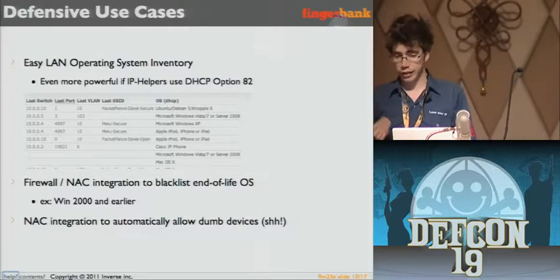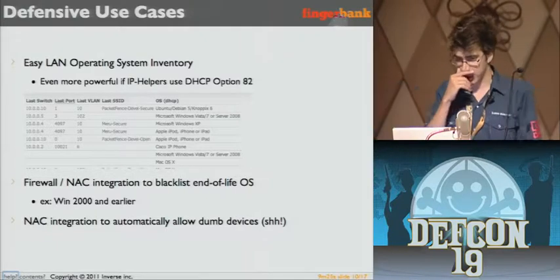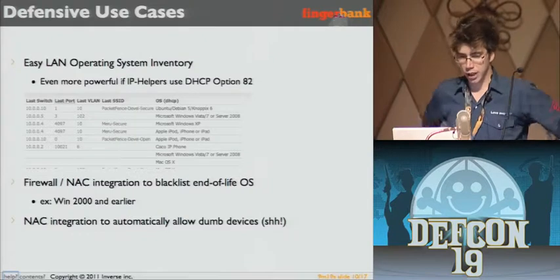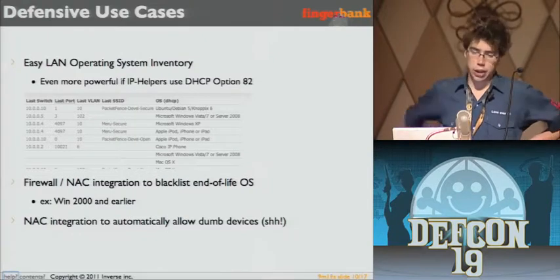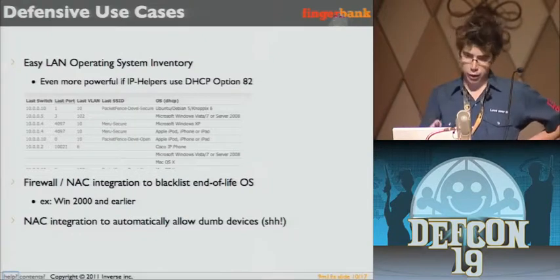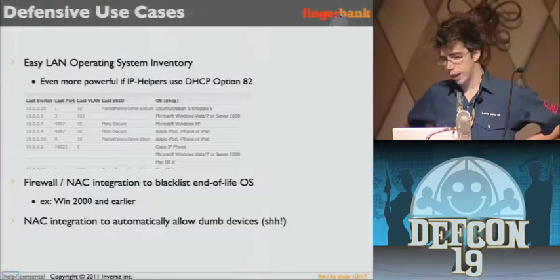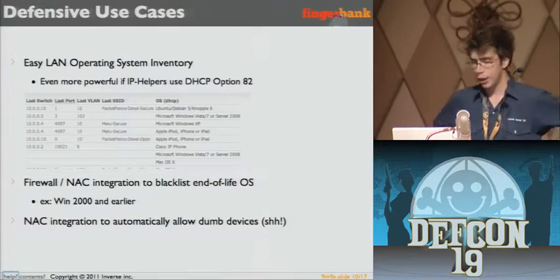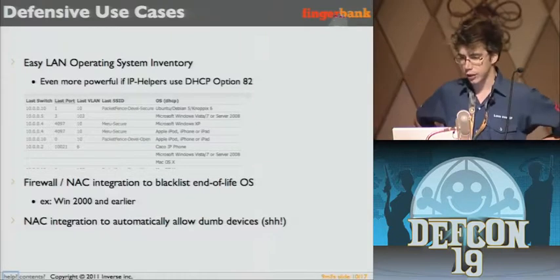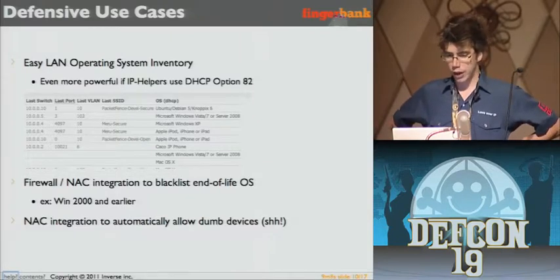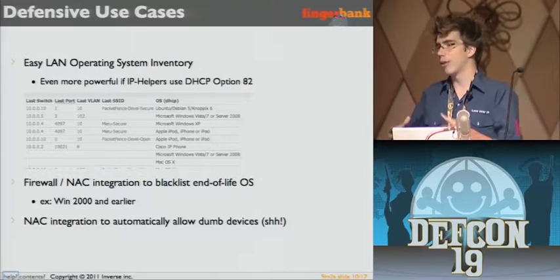Like UPS devices, PXE stuff, thin clients, gaming consoles, smartphones, and we can tell Android devices apart from each other, like the HTC Android and the Samsung Android. It's great, seriously.